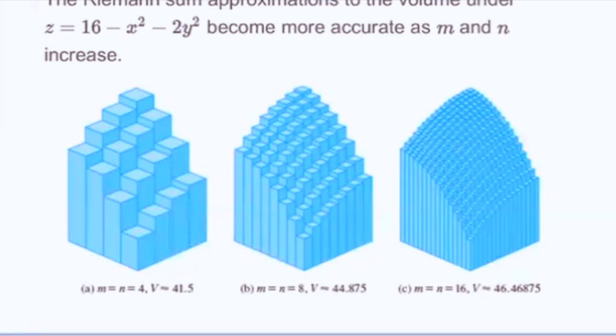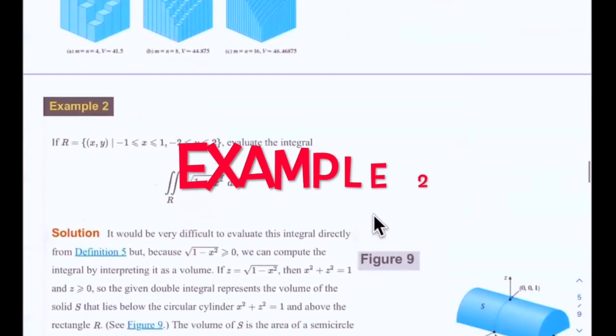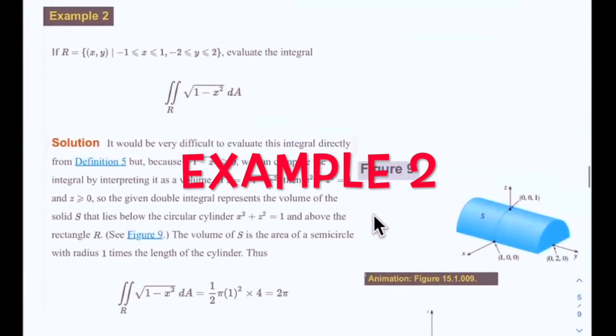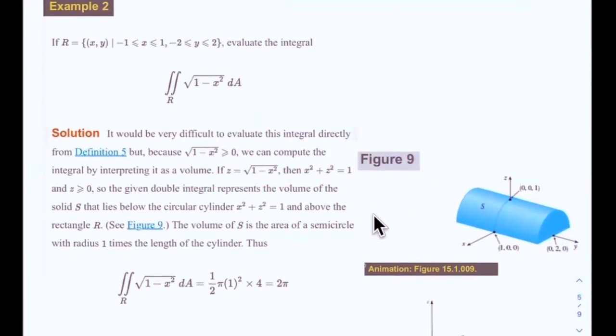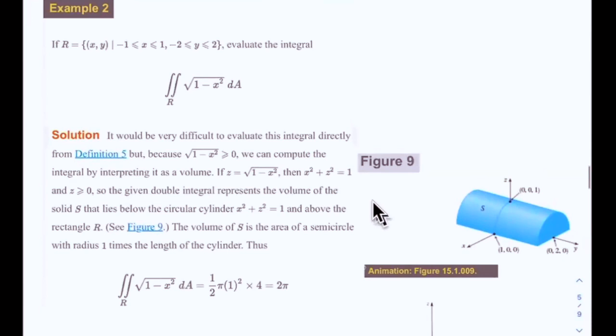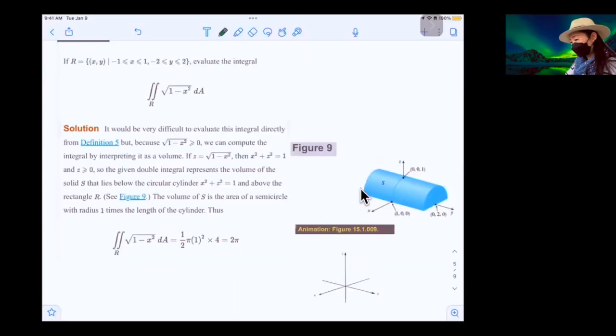Okay, good. Let's look at another example, example 2. Again, in this section, we focus on the region being a rectangle. Here x goes from -1 to 1, and y goes from -2 to 2.